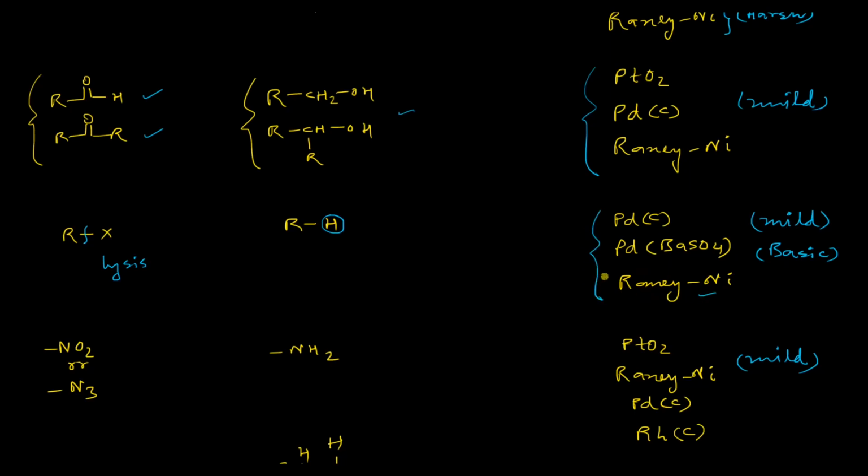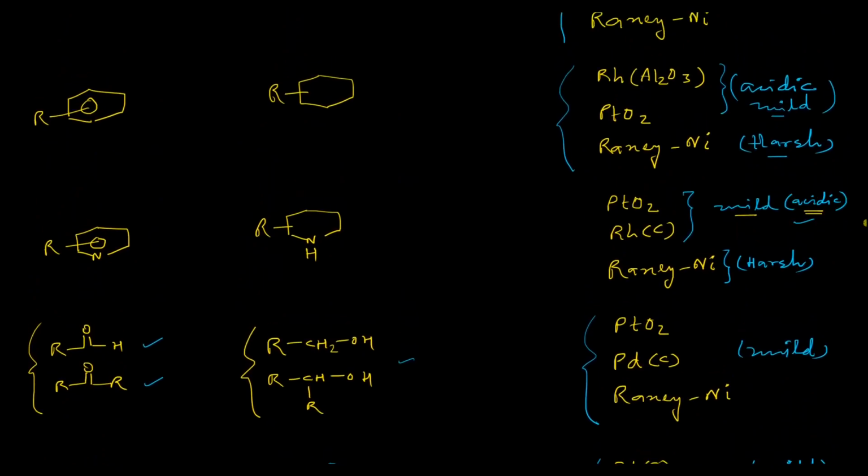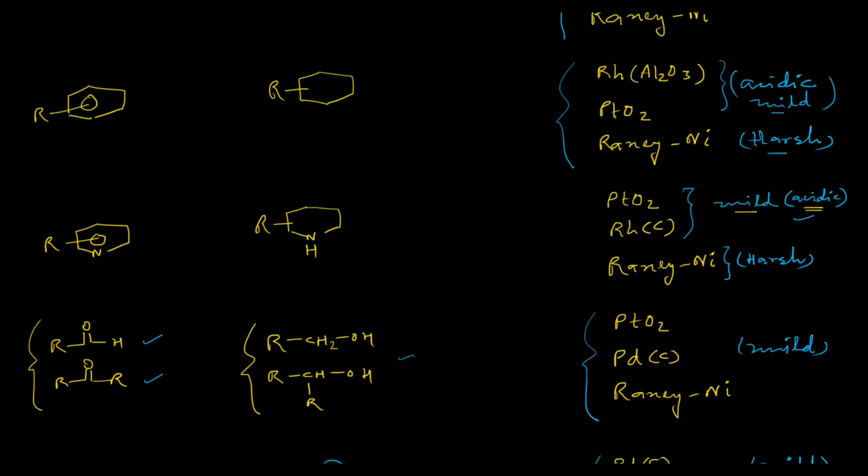So these three catalysts you can easily use, and the reaction conditions are very mild, but basic condition is used during the reaction. That is, you have to use either potassium hydroxide or sodium hydroxide base. In case of acidic reaction conditions, you have to use mainly acetic acid, and in some cases HCl is used.